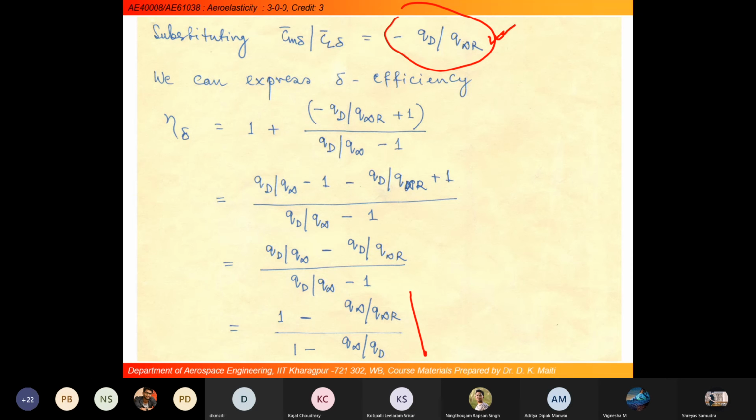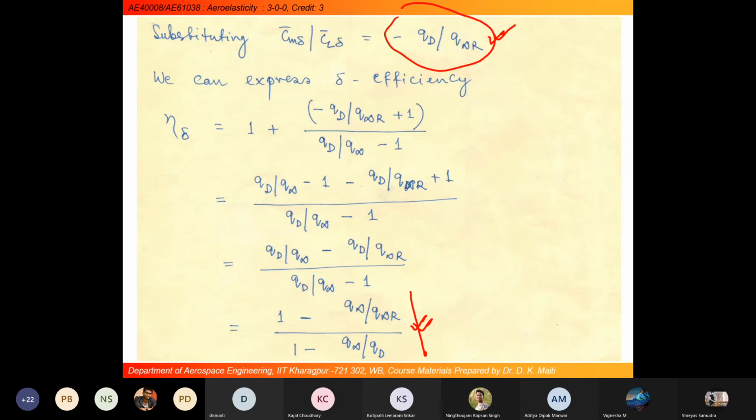So eta delta is equal to 1 minus Q infinity by Q infinity reversal divided by 1 minus Q infinity by Qd. This is the condition, or how the delta efficiency is changing when the forward velocity is going towards the reversal speed.